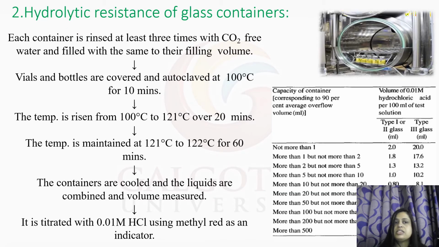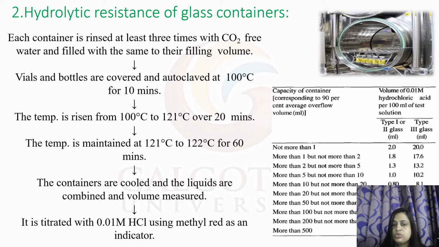The second test is hydrolytic resistance of glass container. Each container is rinsed at least 3 times with carbon dioxide free water and filled with the same to its filling volume. Then vials and bottles are covered and autoclaved at 100 degrees centigrade for 10 minutes. The temperature is raised from 100 to 121 degrees centigrade over 20 minutes, and maintained at 121 degrees for 60 minutes.